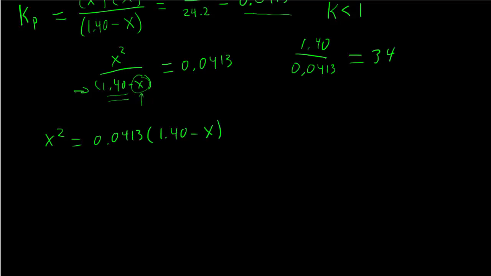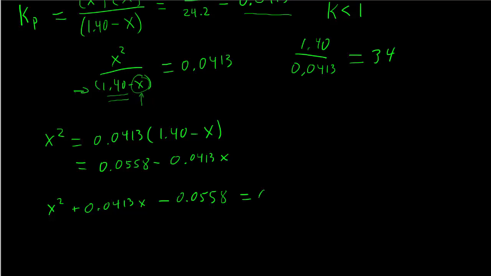Now I can multiply this 0.0413 through the parentheses, and I end up with 0.0558 minus 0.0413 times x. So I'm going to move everything onto one side of the equal sign, and I'll pick the left side, it doesn't really matter. That's going to be x squared plus 0.0413 times x minus 0.0558, and that's all going to equal 0.